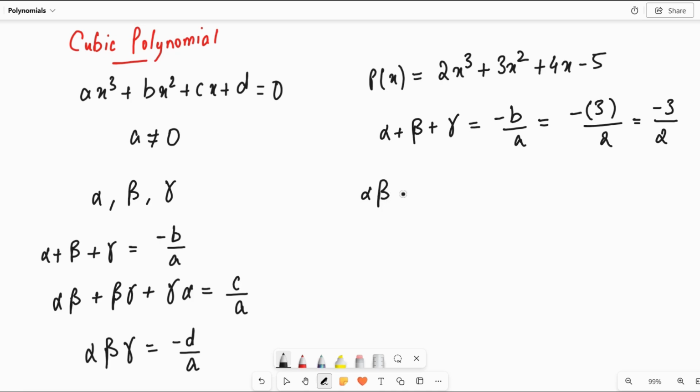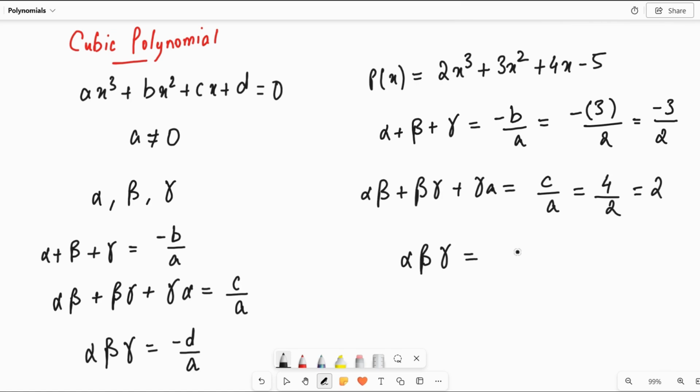The sum of products of zeros taken two at a time is equal to c by a, that is 4 by 2, that is 2. And the product of zeros is equal to minus d by a, that is minus of minus 5 by 2, that is 5 by 2.